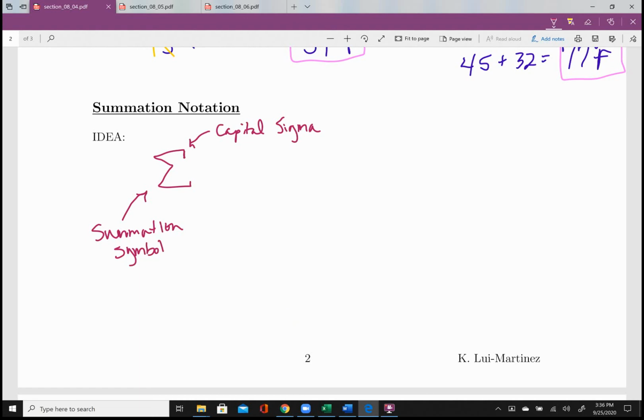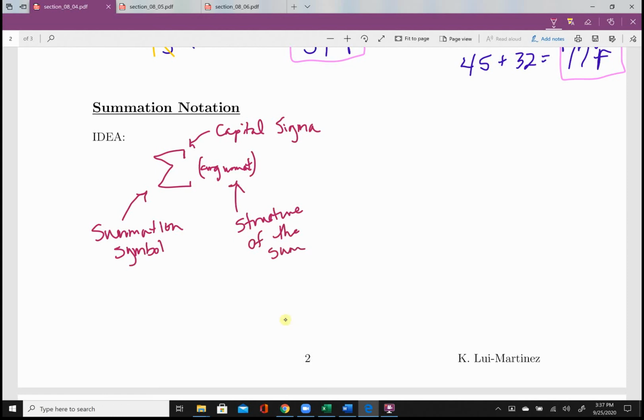Then inside some parentheses, or just in this space over here, you have what's called the argument. The argument is going to give you the structure of your sum. There's going to be a series of terms that are added together according to this structure dictated by the argument.